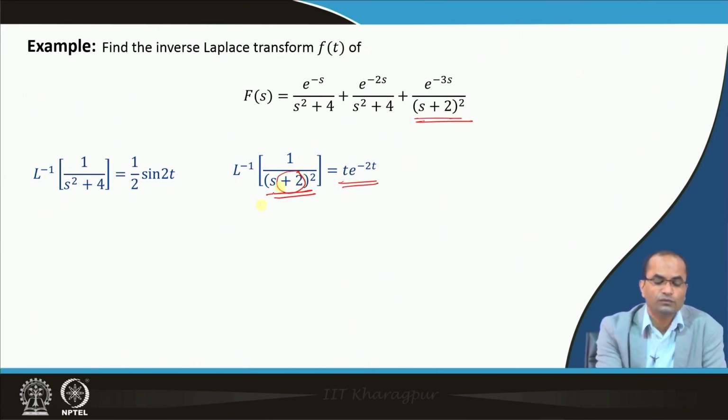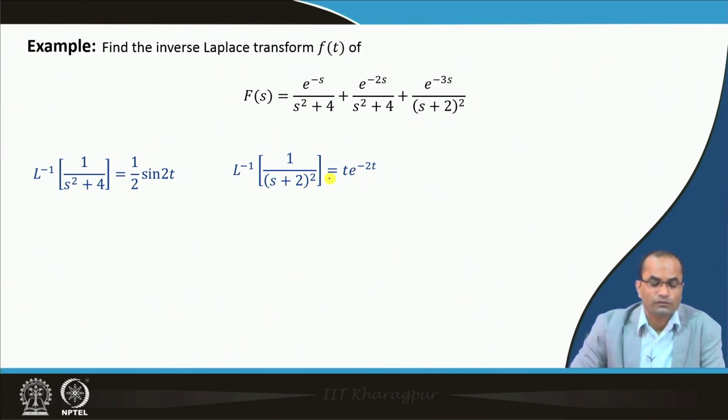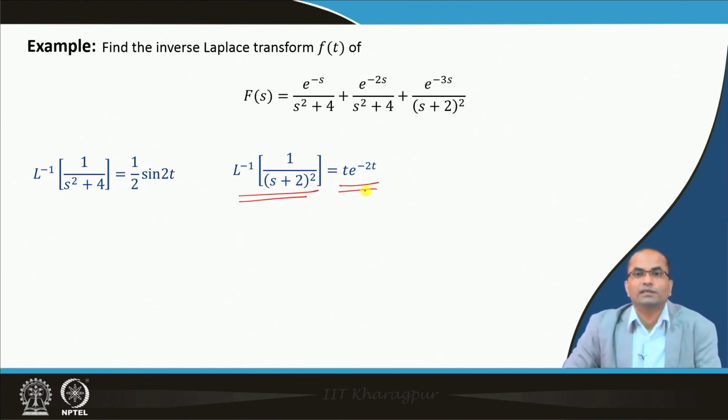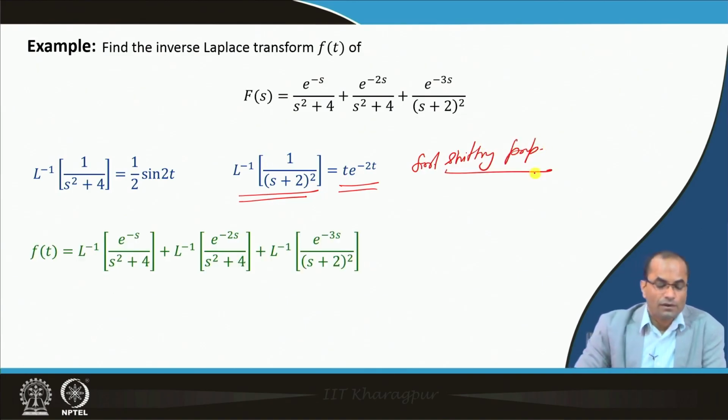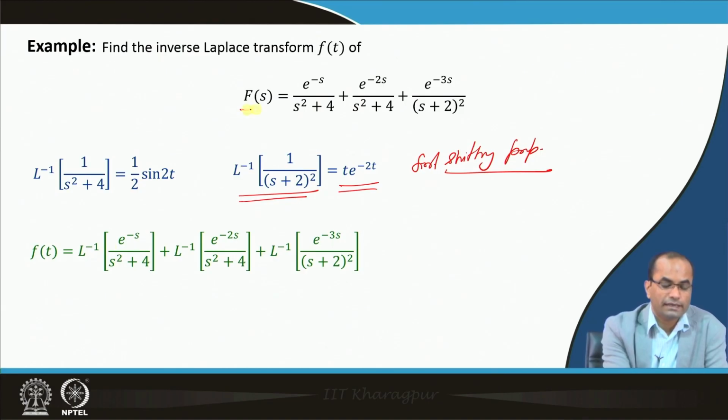Because of this 2 we can use the shift property, which says it is e^(-2t) times the inverse of 1/s², which is just t. So the Laplace inverse of 1/(s+2)² is t e^(-2t), using the first shifting property.